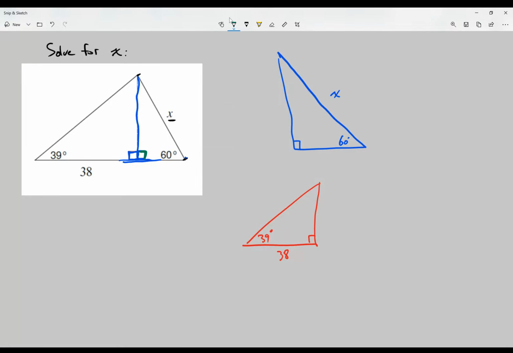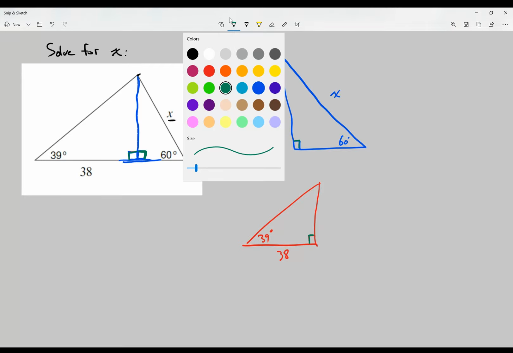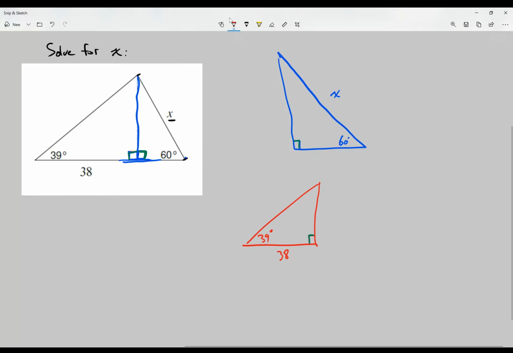And so if this one is 90, then the other one has to be 90. So I've got a right angle triangle here. I've got a right angle triangle there, which is great because I can use my trigonometry ratios, my trig ratios, so SOH CAH TOA, to solve these triangles.